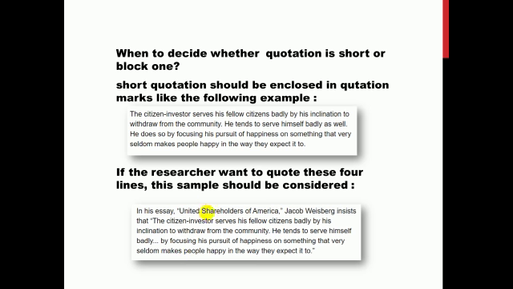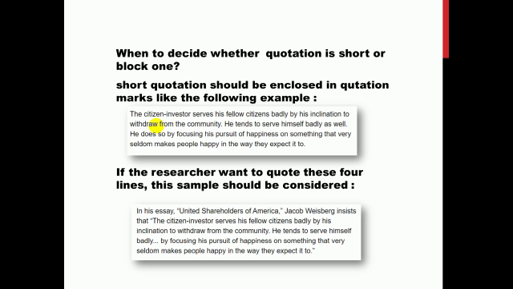Of course, if you are following APA style, you have to consider that if the quoted material's word count is less than 40 words, it is a short quotation, and if it is more than 40 words, it is a block quotation.